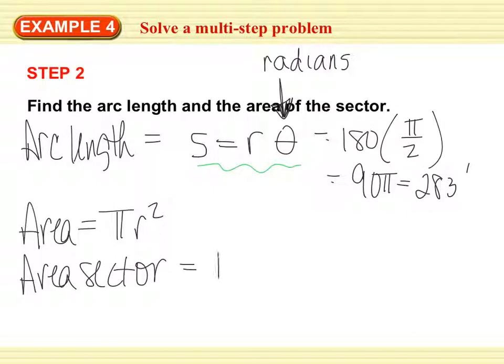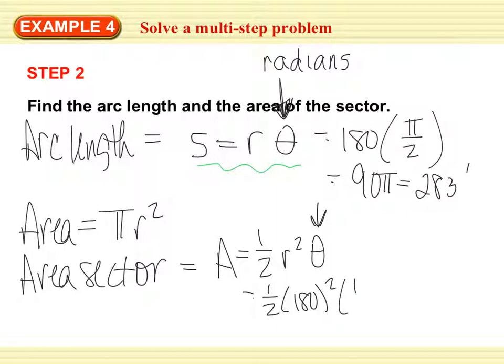Area equals 1/2 r squared theta, and this is again the angle measurement in radians. So we have 1/2 times 180 squared times pi over 2, and that gives us about 25,400 feet squared. Cool?